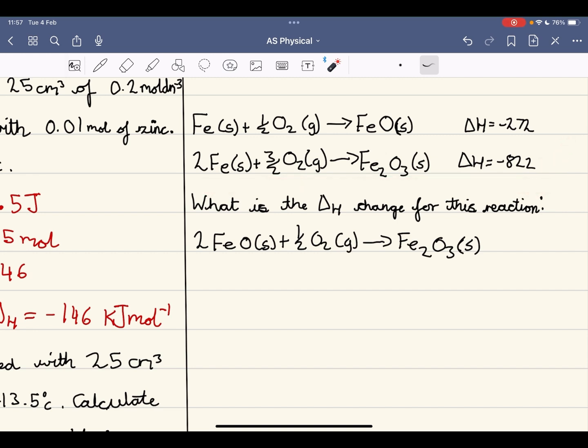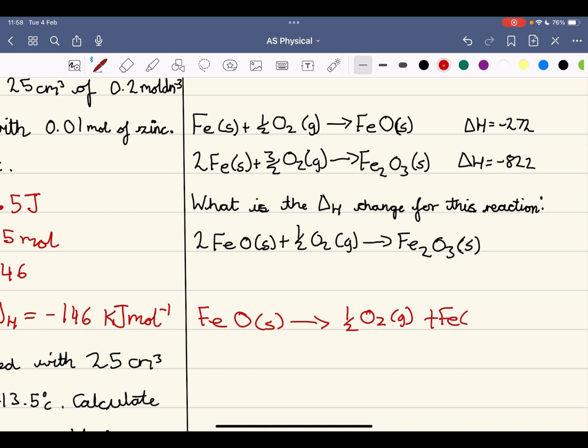That's correct. This one, however, has FeO on the product side, but in the final equation we have FeO on the reactants. So firstly, what I know is that we're going to have to switch this. I'm going to rewrite it in the other direction. So we get FeO solid to half O2 and Fe solid, and then the enthalpy change for this reaction would be positive 272.